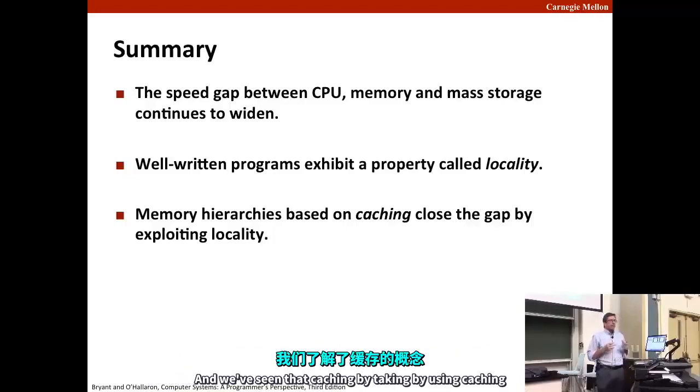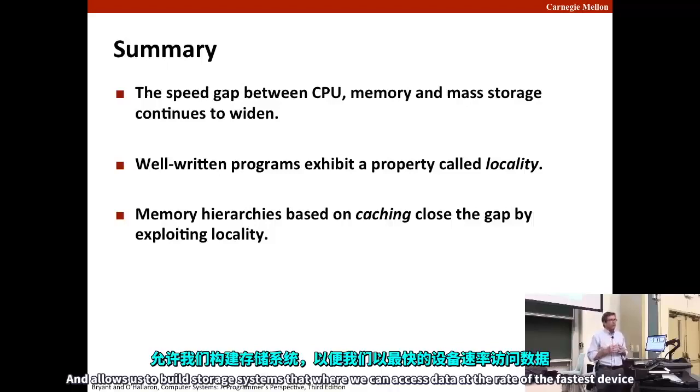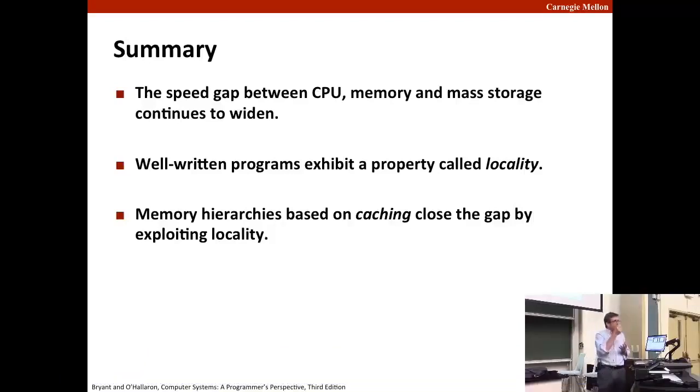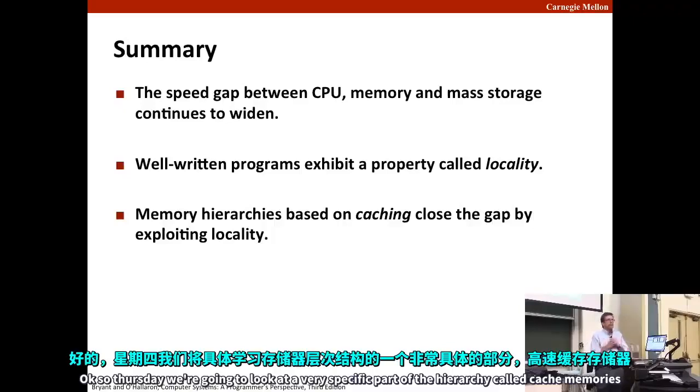And by using caching, we can build a memory hierarchy that takes advantage of locality in programs and allows us to build storage systems where we can access data at the rate of the fastest device, but at the cost and capacity of the devices at the lowest level. On Thursday, we're going to look at a very specific part of the hierarchy called cache memories.